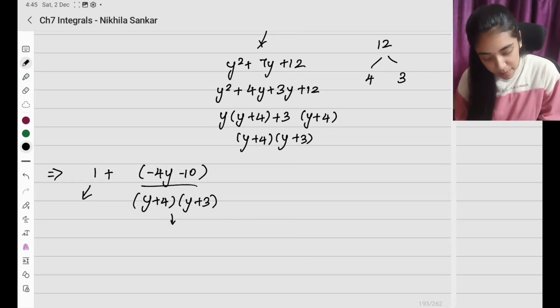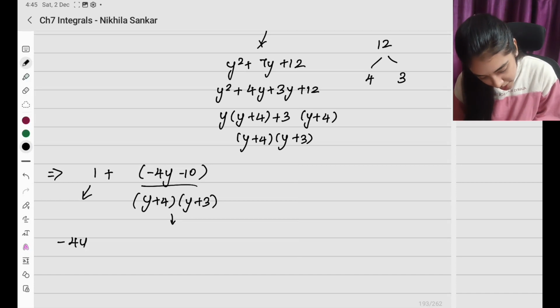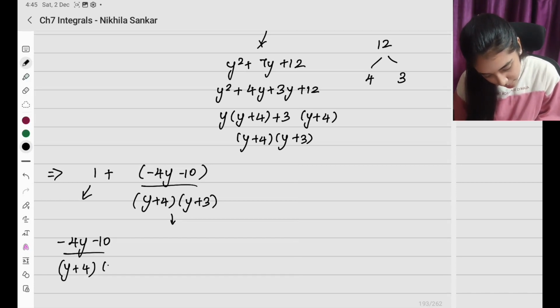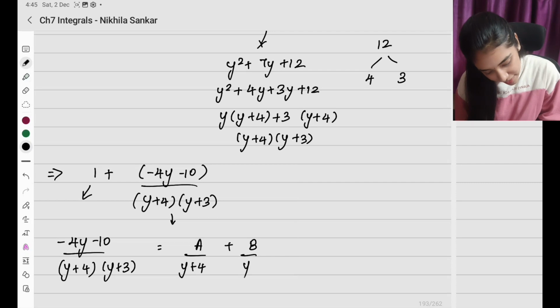For this, partial fractions. So I again have to split minus 4y minus 10 divided by y plus 4 times y plus 3 equals a divided by y plus 4 plus b divided by y plus 3.